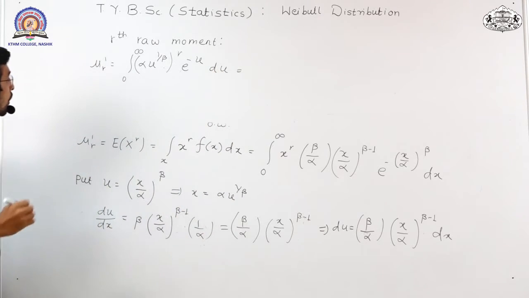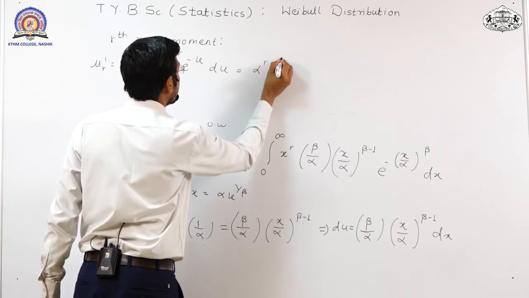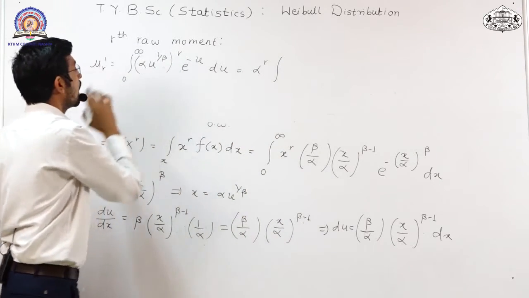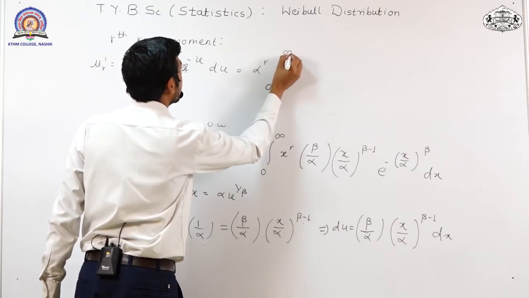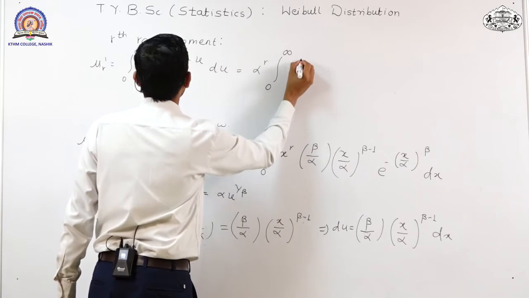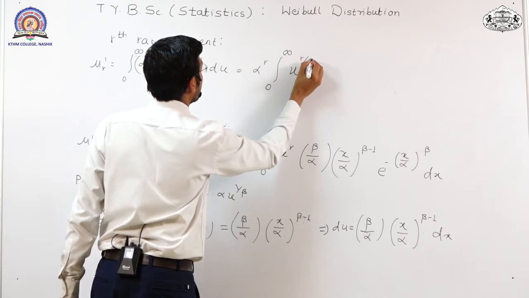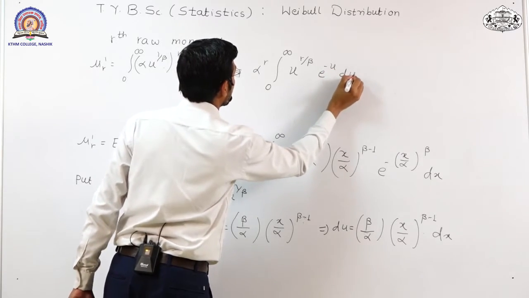Okay, so taking the constant outside the integral sign, alpha raised to r into integral over 0 to infinity u raised to r upon beta e raised to minus u du.